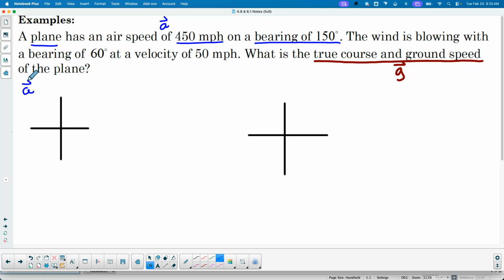So a bearing of 150 degrees would be down here, where this angle right here is 150 degrees. First thing that we need to do is convert that to a trig angle. Well, my trig angle is going to start here and come all the way around to there. What would my trig angle be?